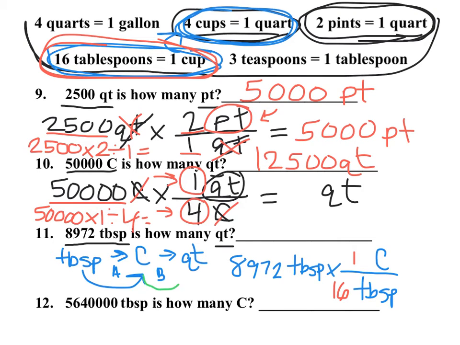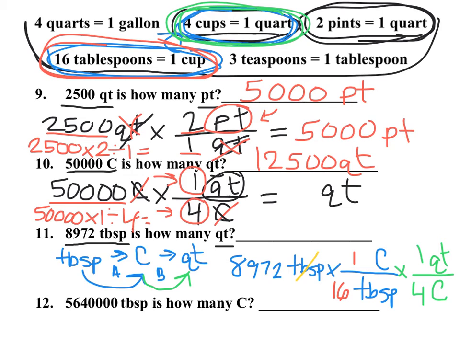Now I need to go from cups to quarts. So to do that, I want to get rid of cups and I want to end up with quarts on top. And for cups and quarts, there's 4 cups for every 1 quart. So I'm going to do 4 cups for every 1 quart. Now why does this work out?